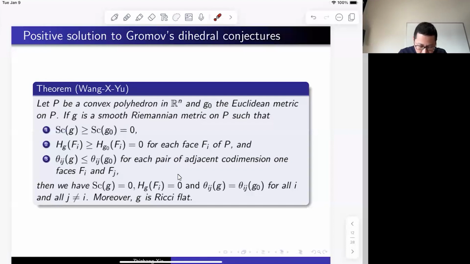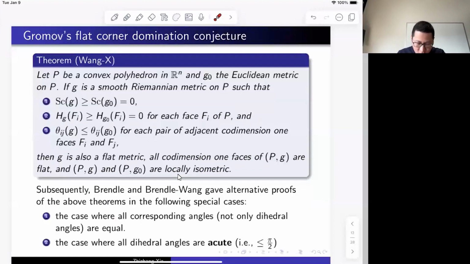In this work, we show that G is Ricci flat. In a follow-up work with Jinmin, we actually show a somewhat stronger conjecture, what Gromov called the flat corner domination conjecture, which says, in fact, G is flat, or the codimension 1 faces are also flat.